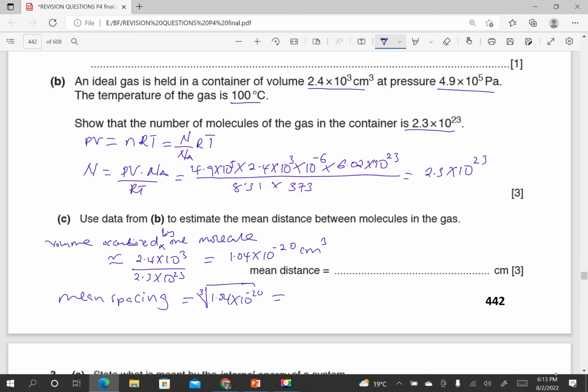On the calculator, this is approximately 2.2 times 10 power negative 7 centimeters. Because it is an estimate, I'll just write 2 times 10 power negative 7 centimeters as my estimated mean distance between the molecules in the gas.